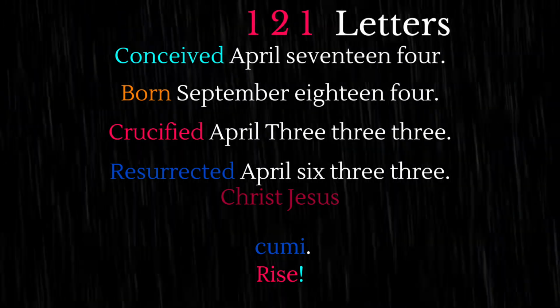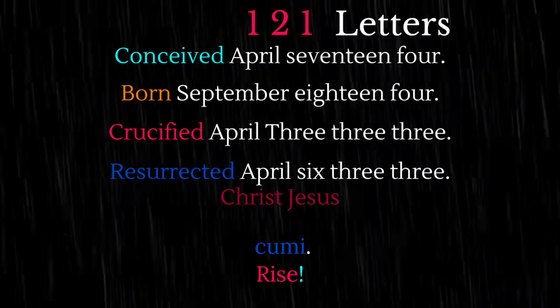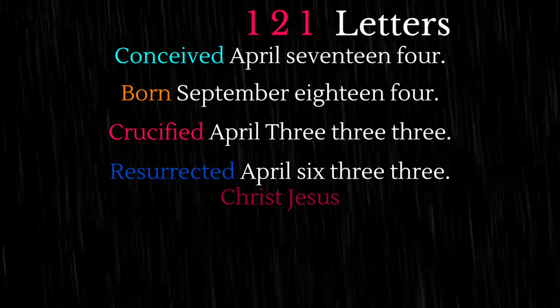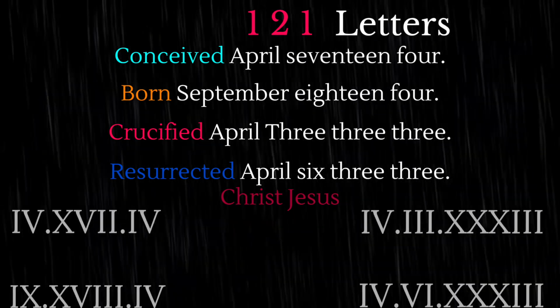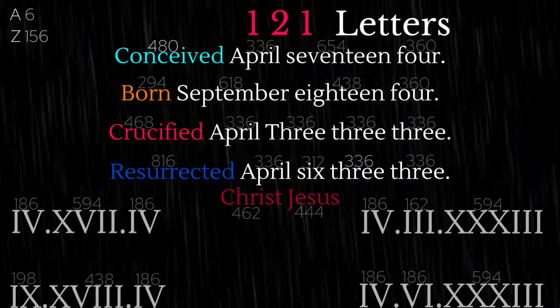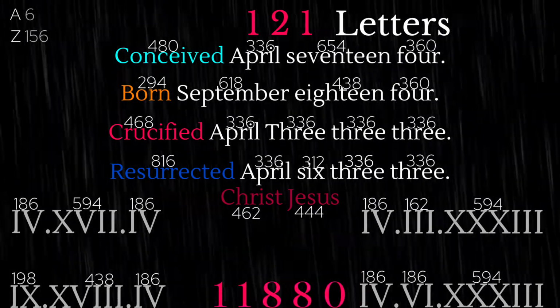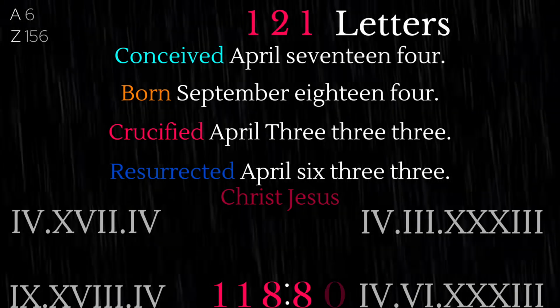With a total number of letters at 121. But let's write his dates in Roman numerals and verify this. Sumerian translates to 11880. That's middle chapter, Psalm 118 verse 8.